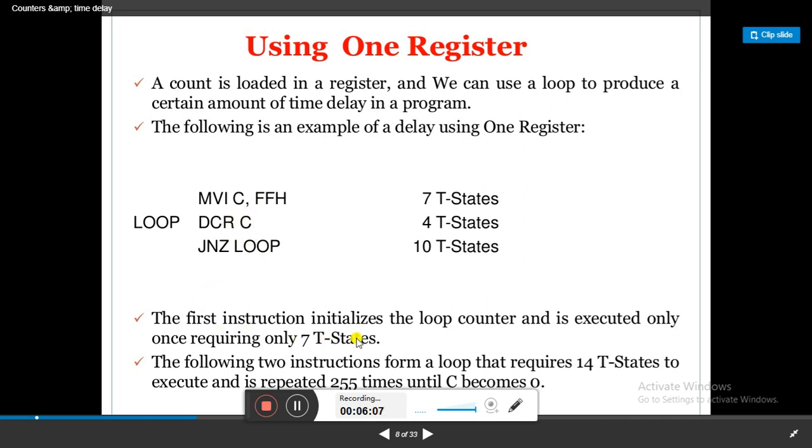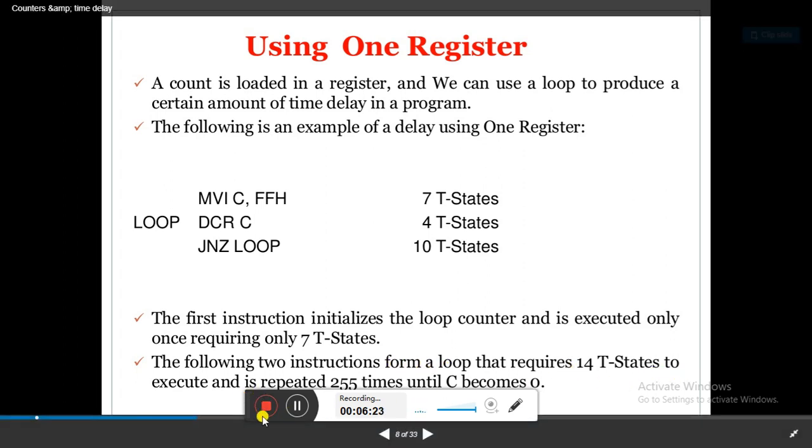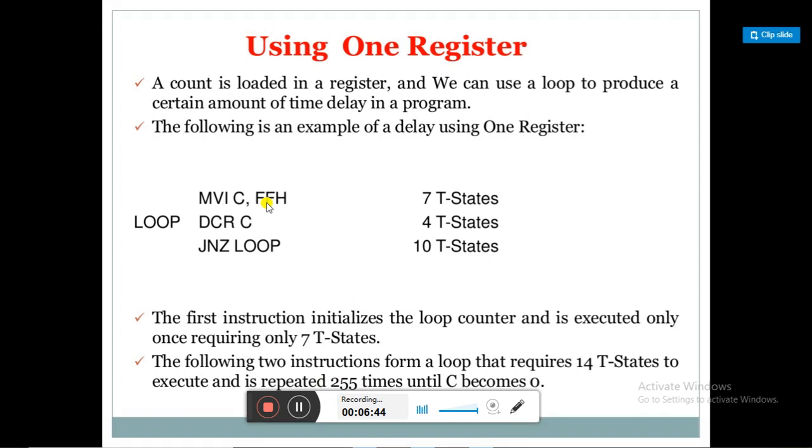Fine. The first instruction initializes the loop counter and is executed only once, requiring only 7 T-states. The following instructions form the loop that requires 14 T-states to execute and is repeated 255 times until C becomes 0. There comes a question, why does it take 255 times? From FF to 00 it is 255 times.